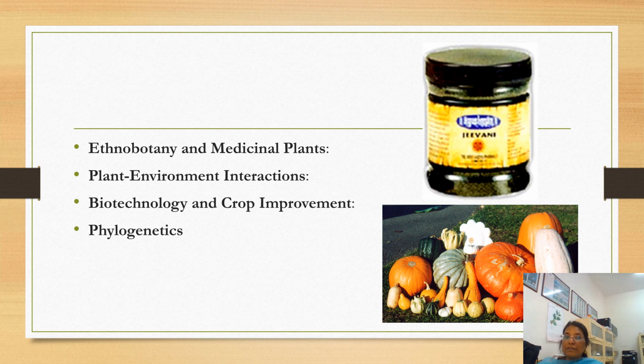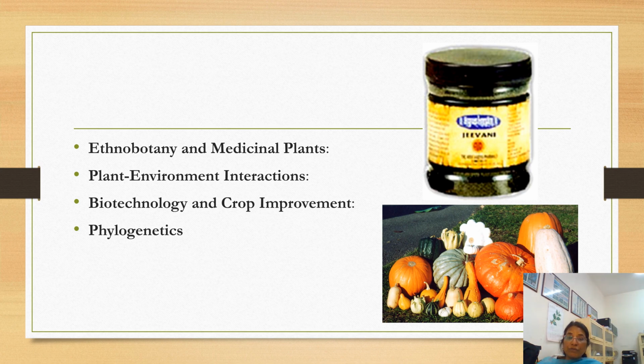And another research is plant environment interactions. Plants interact with a variety of abiotic and biotic environmental agents. They rely on pollinators for reproduction, form beneficial mutualisms with microbial partners, or only grow and reach reproductive maturity in specific climatic conditions.